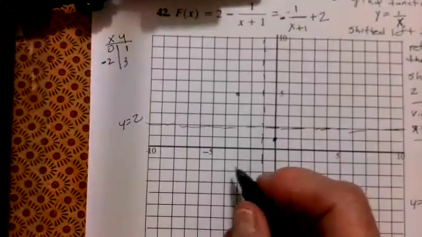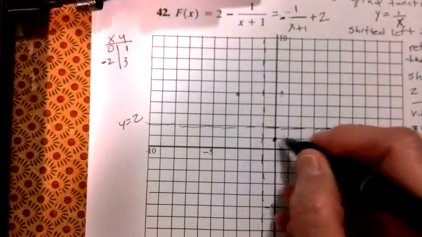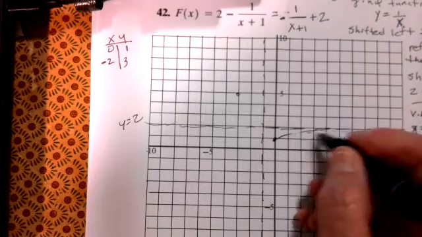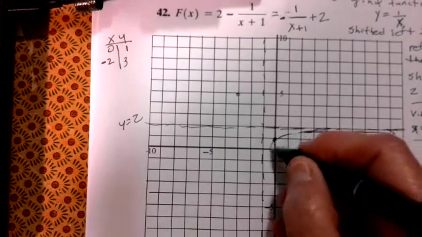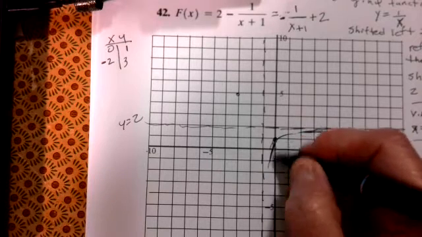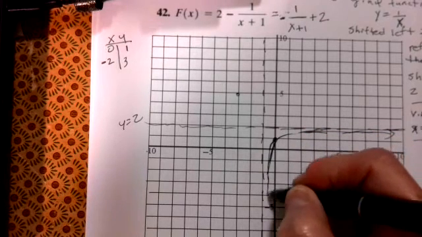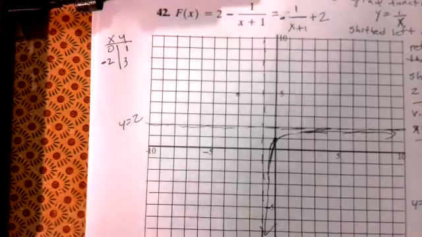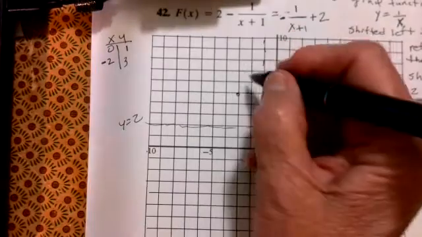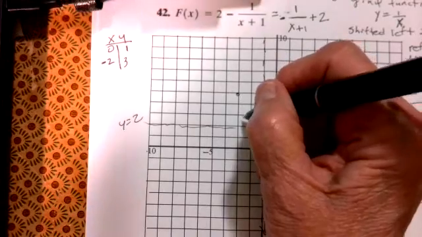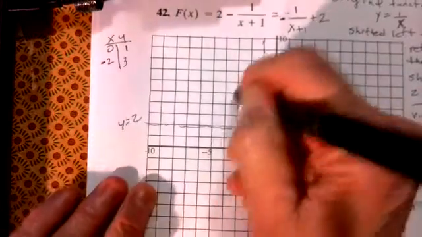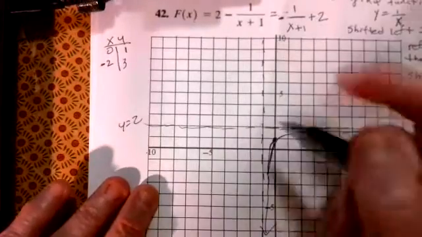Okay, so we've got a couple points here. And then we know that it's going to be getting closer and closer to this horizontal asymptote, and getting closer and closer to this vertical asymptote, going down, down, down. Now I probably don't have this drawn just right. And it's doing the same thing up here. Oh, I think I put that in the wrong place because I was counting from here.